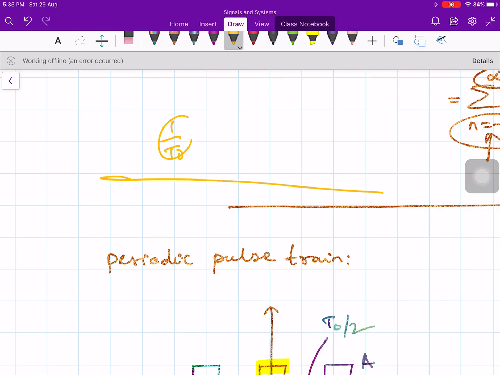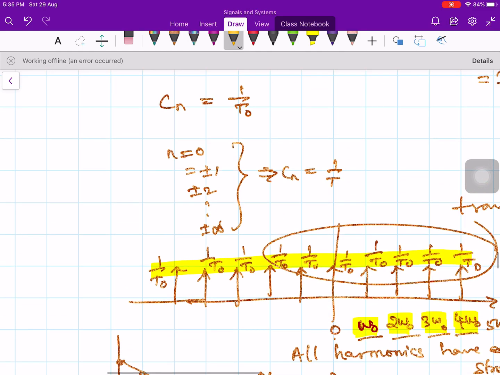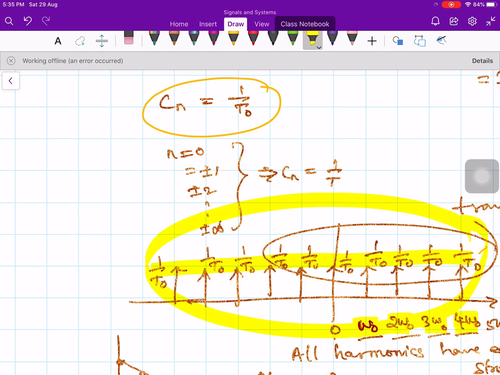Calculation of Cn is easy, and its spectrum is also very simple, all are 1 over T naught. Whenever you have an impulse train, its Fourier series coefficient evaluation is very simple, and its spectrum is also very simple, 1 over T naught, 1 over T naught, like that.